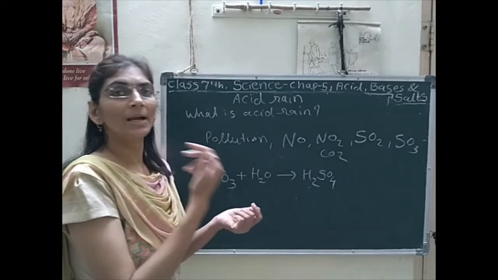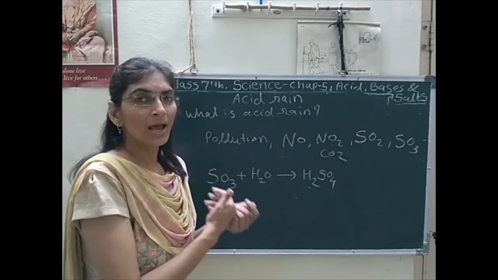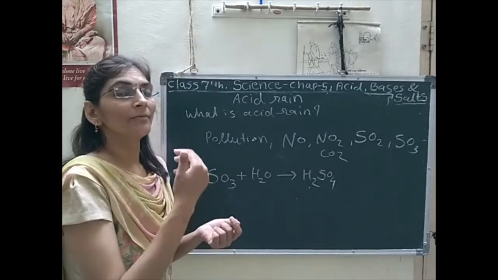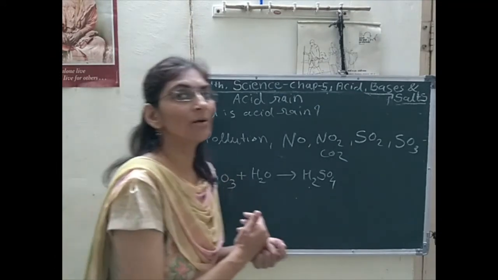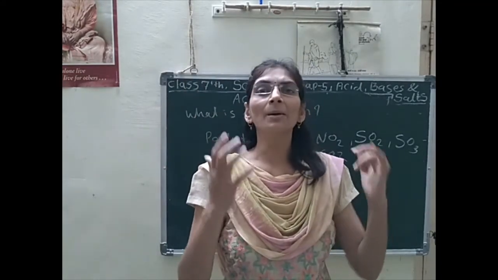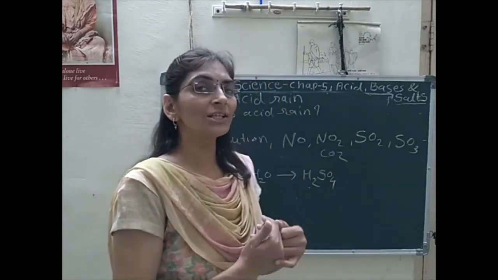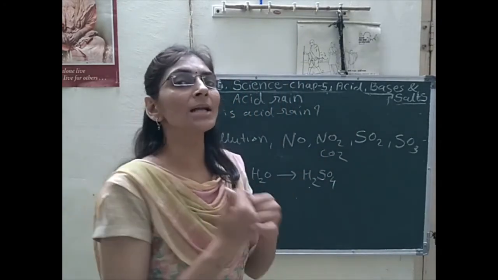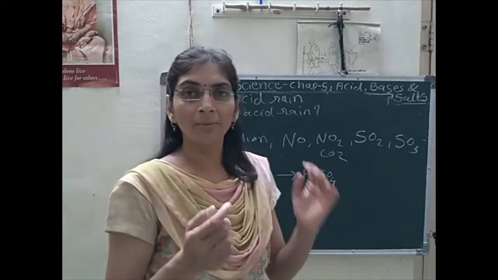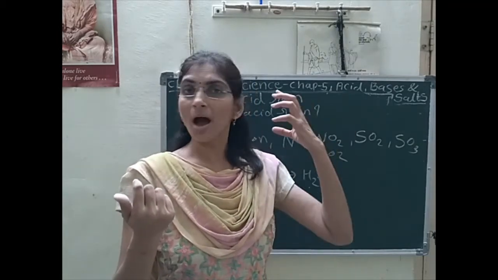In buildings, we know that some are made up of marble, and marble has a very large quantity of carbonate. Yes, marble has calcium carbonate. This calcium carbonate gets affected by acid rain and the marble gets damaged. And in our buildings we also use some iron materials.